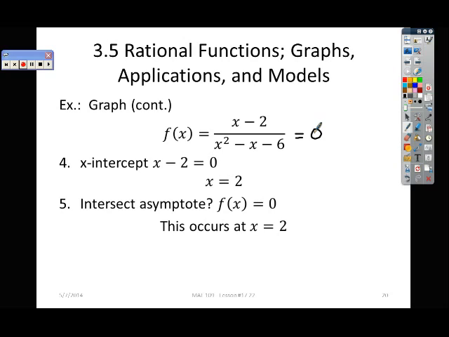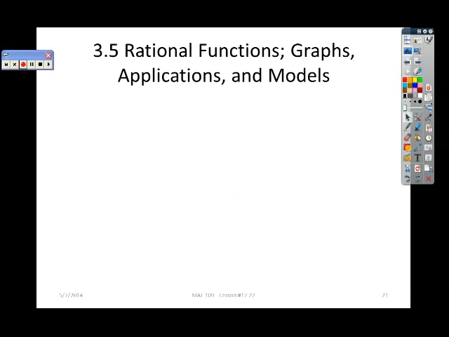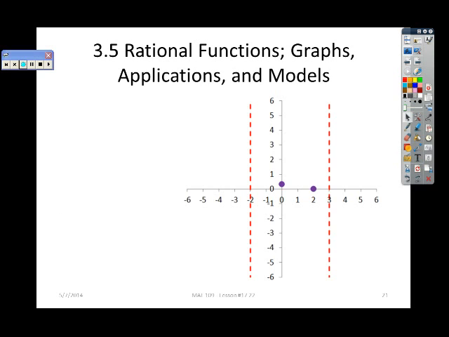And the only way that can happen is if x minus 2 equals 0, which means x equals 2. And I already have that point because I had the x-intercept anyway, right? What that says is, yes, my graph does cross that horizontal asymptote, but the only place it crosses is at that point. It never crosses anywhere else, but it will cross right there.